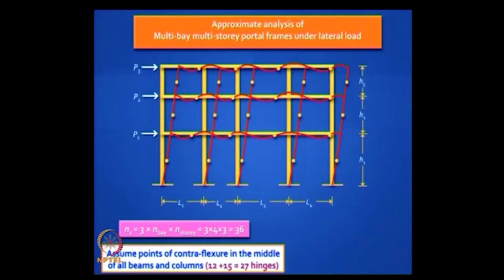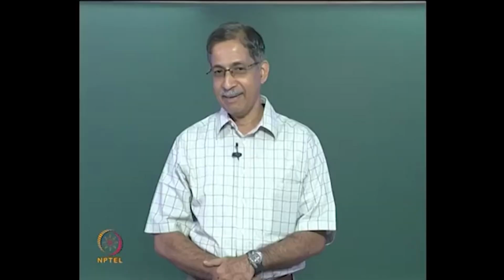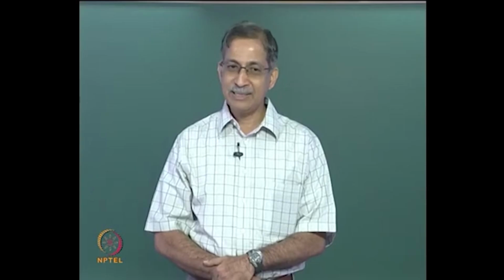You are still short of 9 additional conditions. So how would you solve this kind of frame? This is a problem which troubled engineers in the early days when tall buildings were made, and many suggestions have been given.